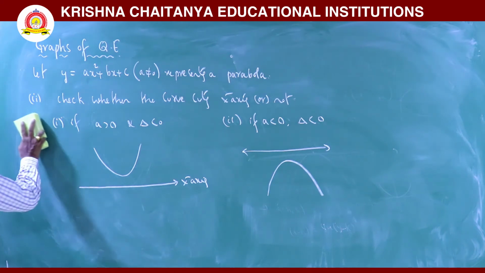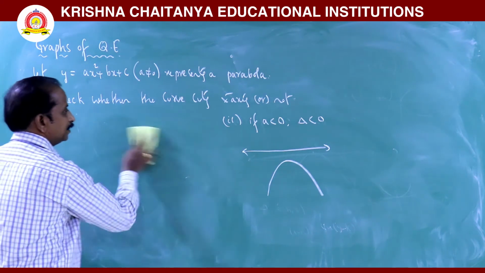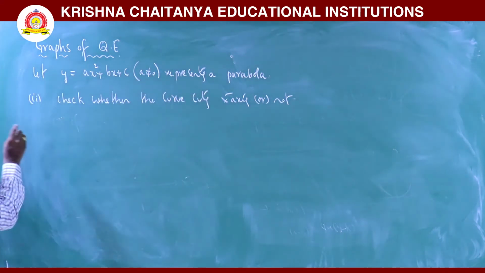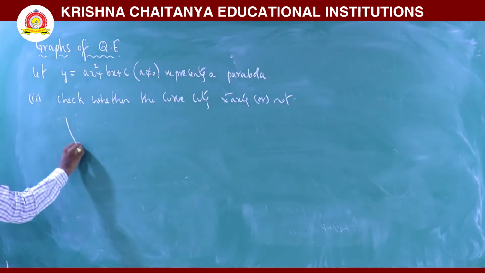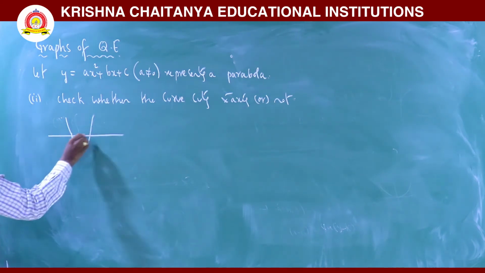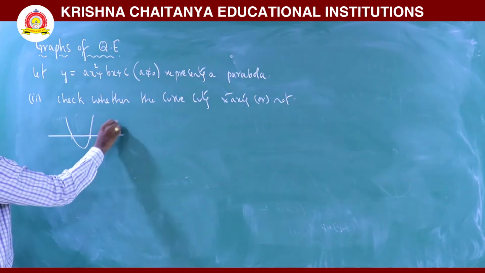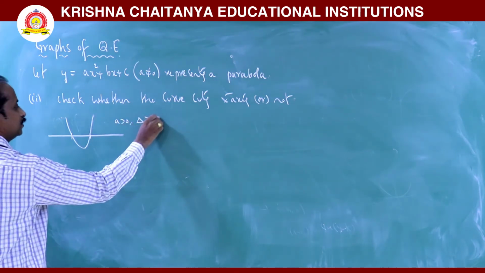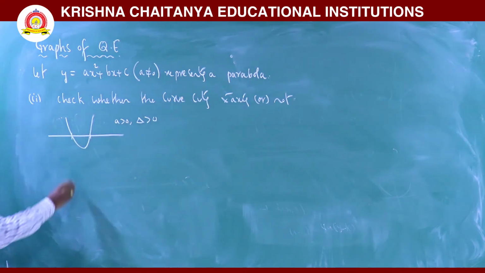I can revise these three conditions in a general way. Now, A greater than 0 and delta greater than 0, the shape is like this.